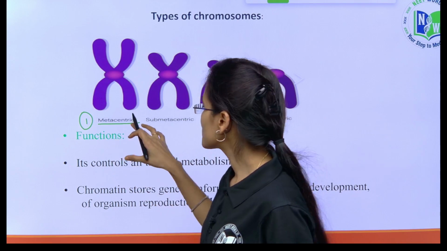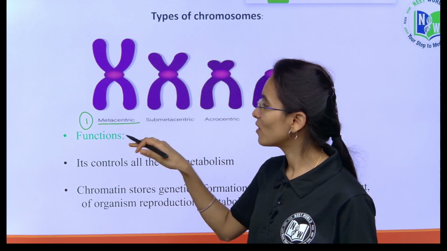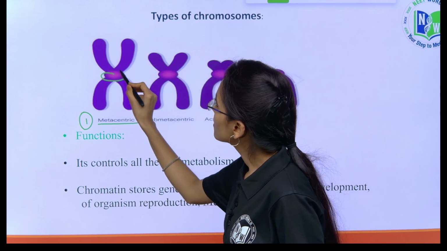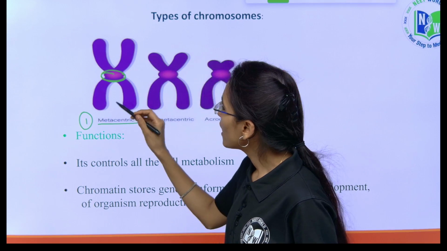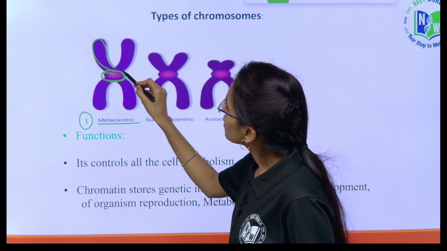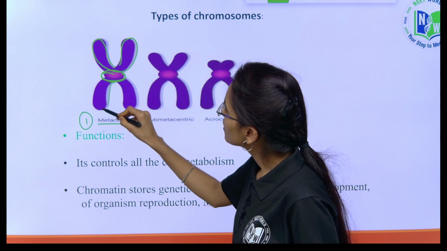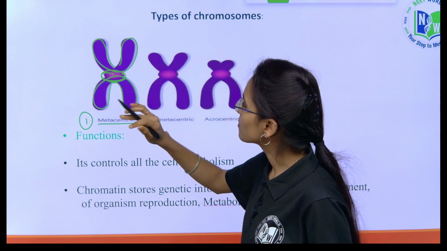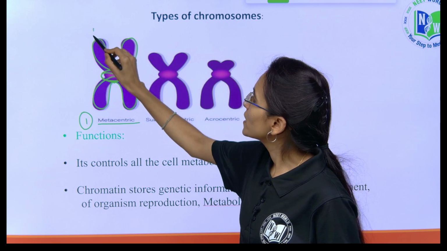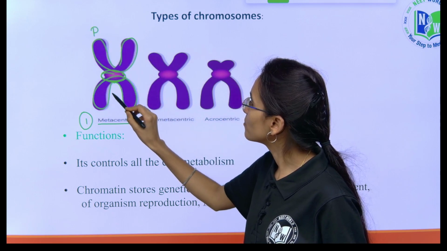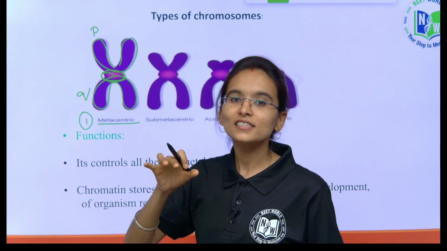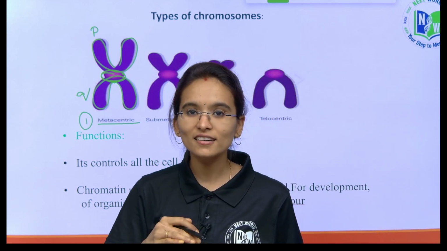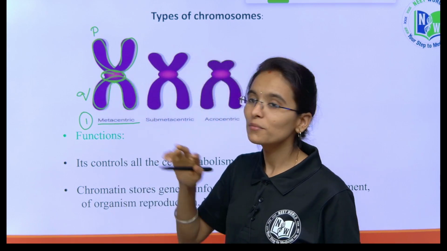Why is it called the metacentric chromosome? Because here we find the centromere present in the center and it contains 2 equal arms. Usually we call them the P arm and Q arm.